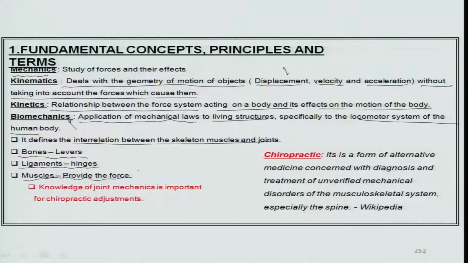So the knowledge of joint mechanics is very, very important, sometimes just for chiropractic adjustments, which is about alternative medicine concerned with diagnosis and treatment of unverified mechanical disorders of the musculoskeletal system, especially the spine.